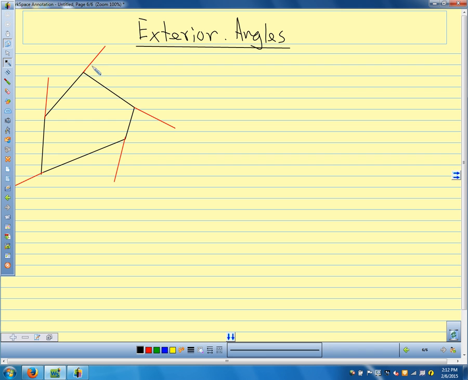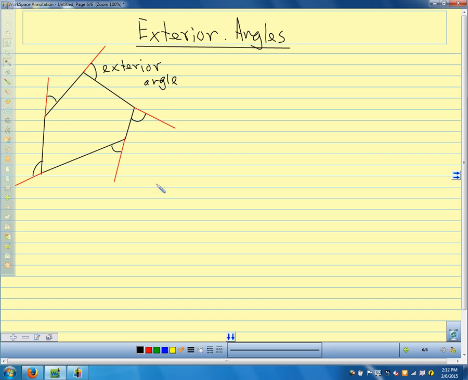So this angle here is an exterior angle. This angle here would be an exterior angle. This angle here is an exterior angle. This one's an exterior angle, and that one's an exterior angle. So if we have a 5-sided polygon, we have 5 exterior angles.